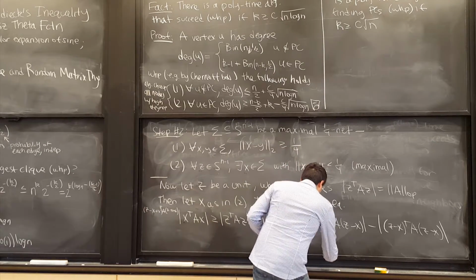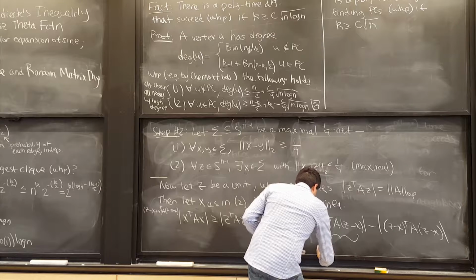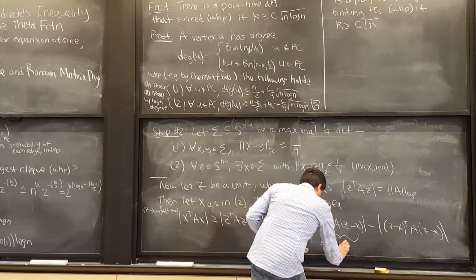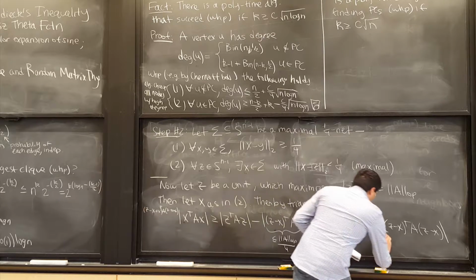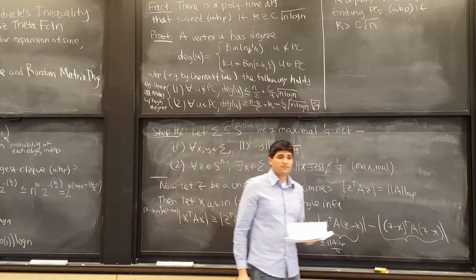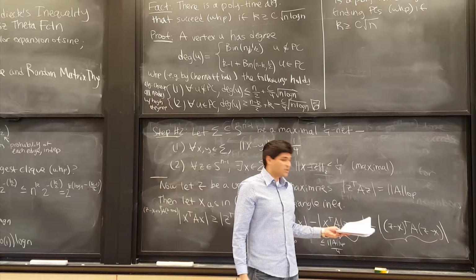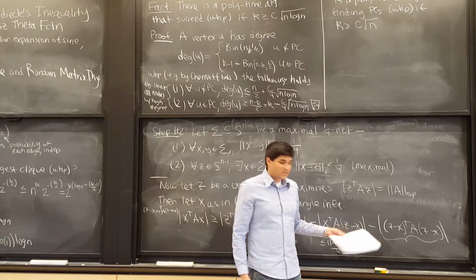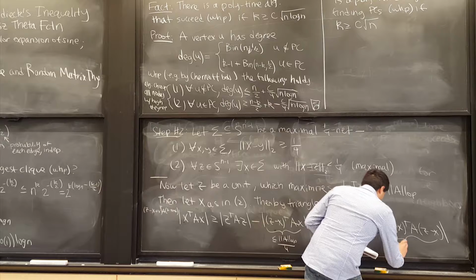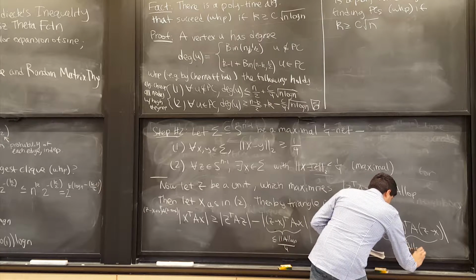This guy right here, same thing. So we can bound it by the operator norm of A divided by 4. What about this guy right here? Not that I really need to be this tight, but what should this be bounded by? 16. 16? Exactly.